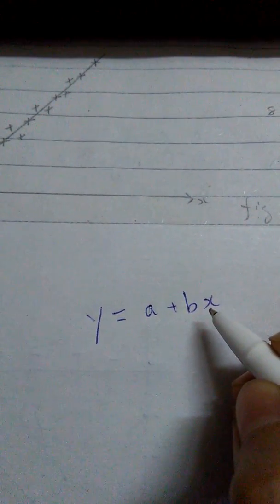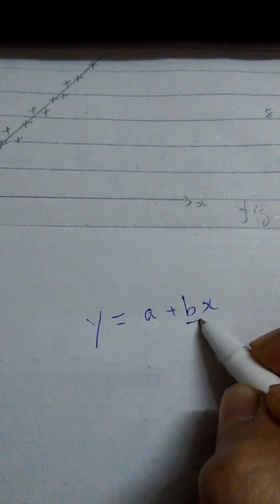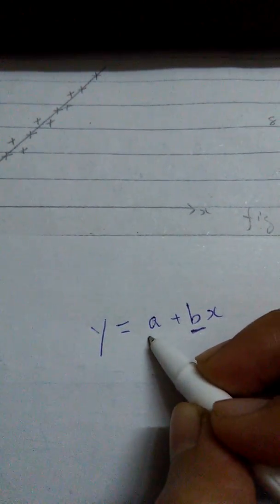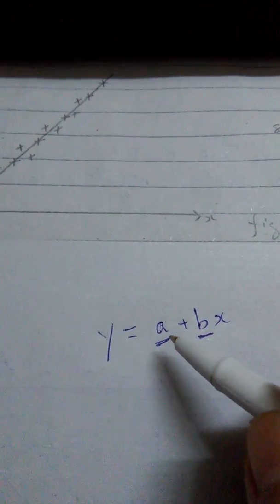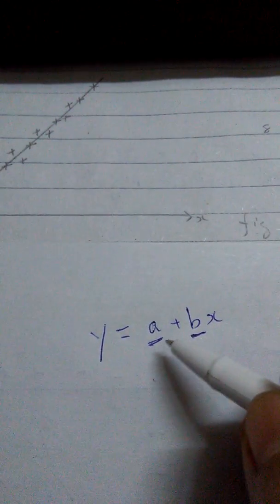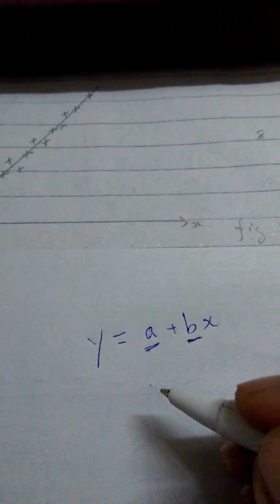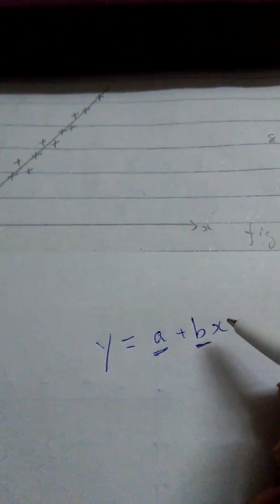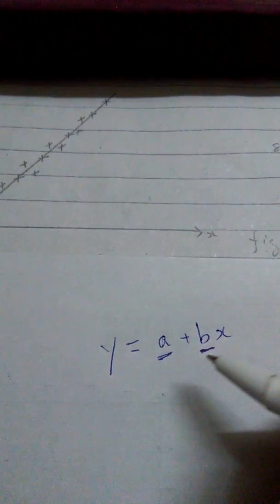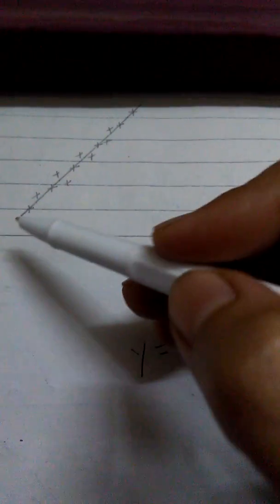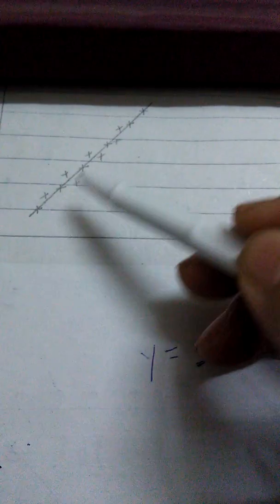Here this is your slope, behaving as m, and this is your y-intercept, which is c. There's no need to get confused, just the representation has been changed, but the concept is the same. Once you maintain the equation of the best fit, this is what you call a regression line.